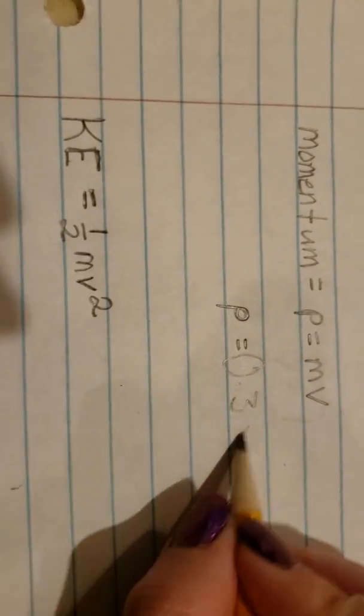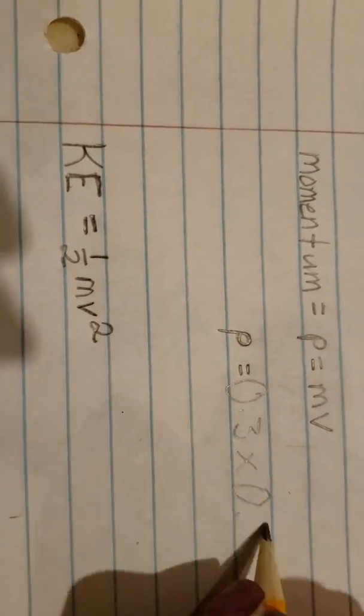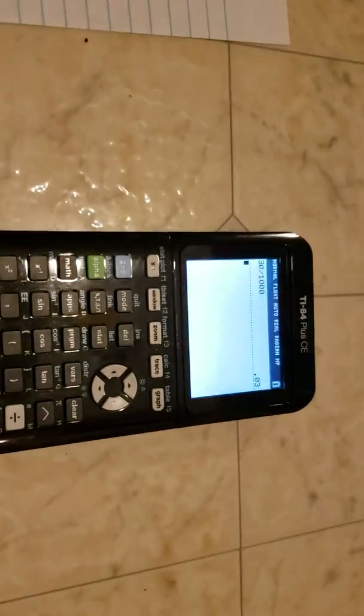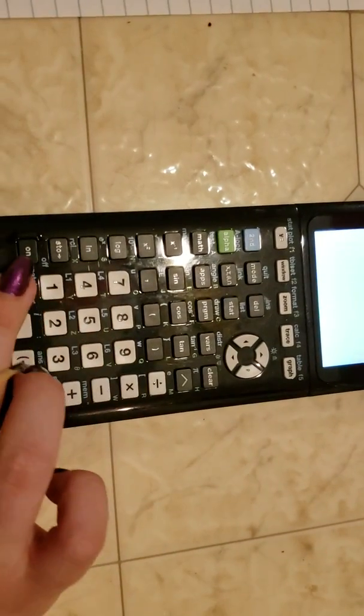There we go. P equals mass times velocity. We're going to multiply that by our velocity value, and our velocity value is 0.3 as well. Times that by 0.3. I believe it's going to be 0.9, but let's check and make sure first, because I would hate to be wrong.